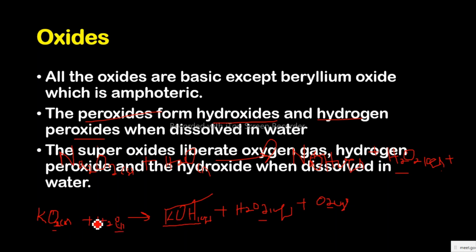So if we put a 2 here, and then a 2 here, and then a 2 here, isn't our equation balanced? Yes, it is. It is now balanced. If you check potassium, it is okay. If you check hydrogen, you have 4, and here you have 2 plus 2, which is 4. And our equation, you must be in position to write an equation, and the equation must be balanced.